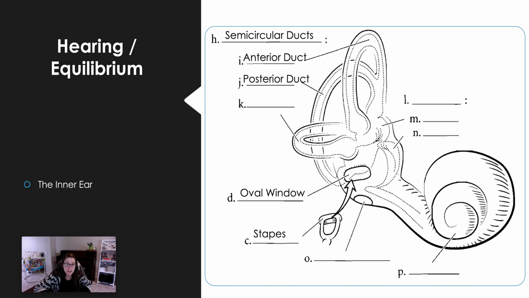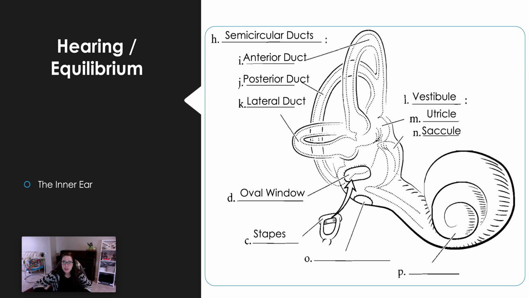So we have the anterior, posterior, and lateral ducts. And then you also have these vestibules on the right of this diagram. The utricle is superior, the saccule is inferior. So these semicircular ducts with the vestibule are what's going to influence our balance, our equilibrium.